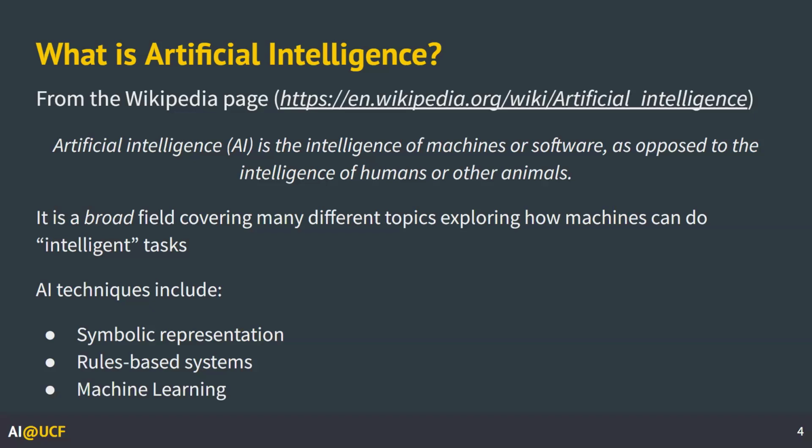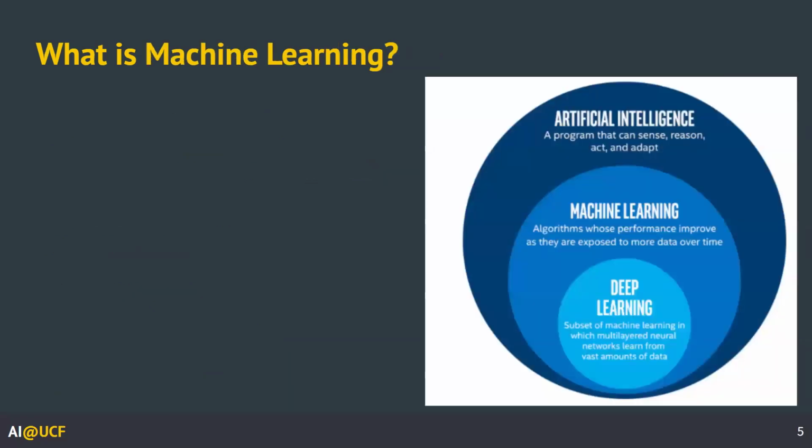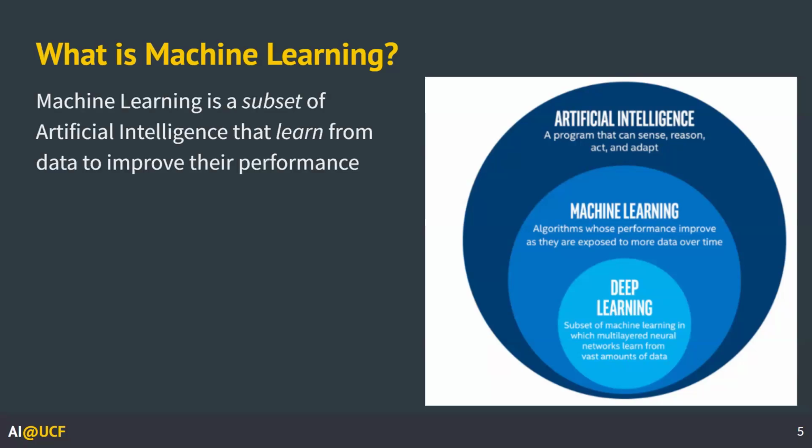So that gets me to my next thing. What is machine learning? Because machine learning and artificial intelligence are not the same thing. They're used pretty interchangeably, but they're different. Machine learning is specifically a subset of artificial intelligence where the goal is to learn from data to improve performance.